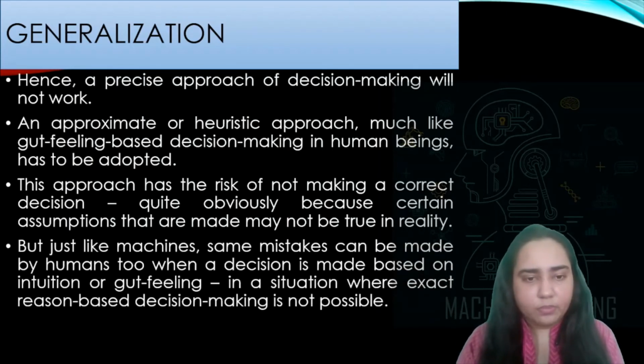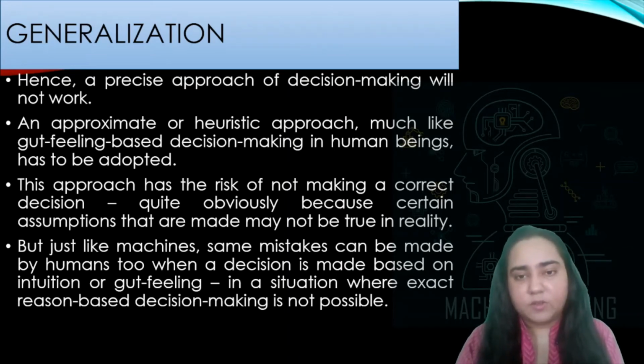Just like machines, mistakes can be made by humans when a decision is being made based on intuition or gut feeling. And in a situation where exact reason-based decision making is not possible, you cannot really expect the machine to take exact decisions. Just like human beings could make mistakes in those decisions, the machine also could make a mistake based on the data that it is given.